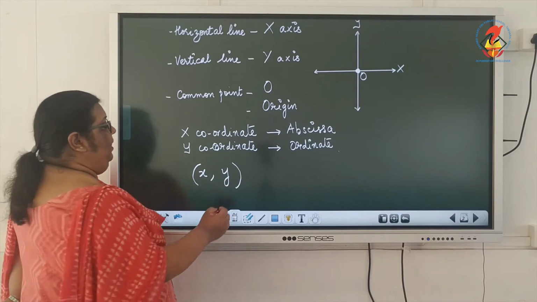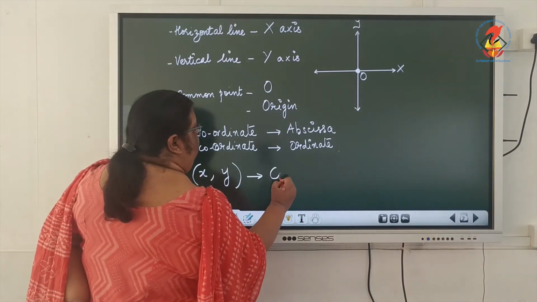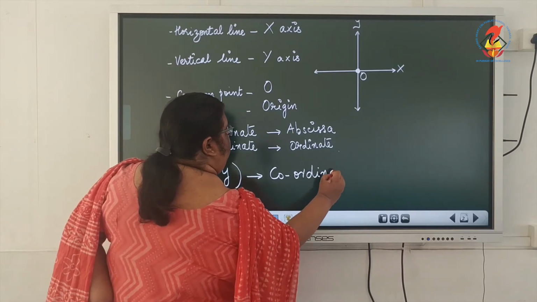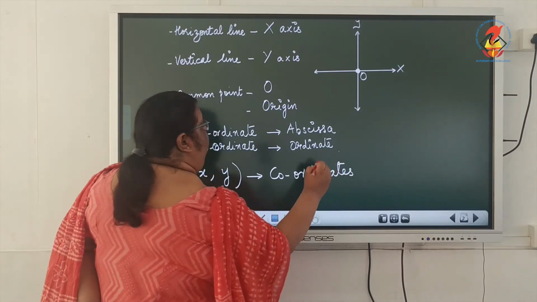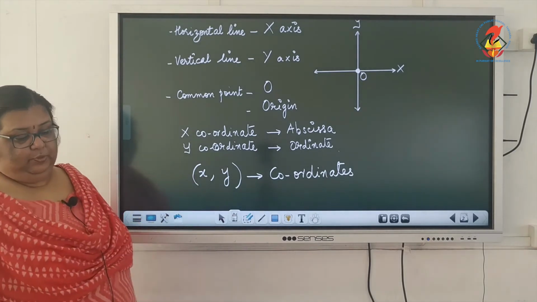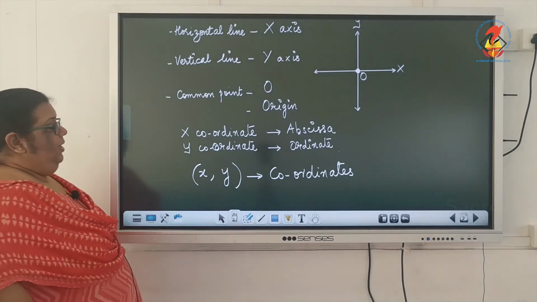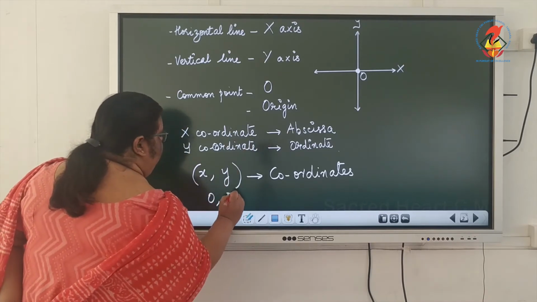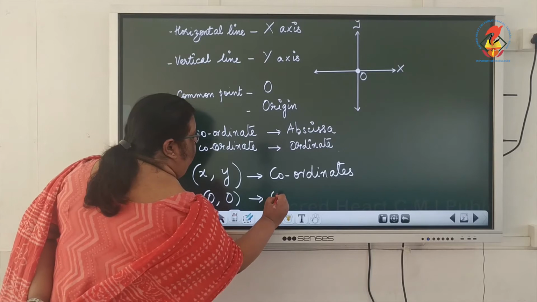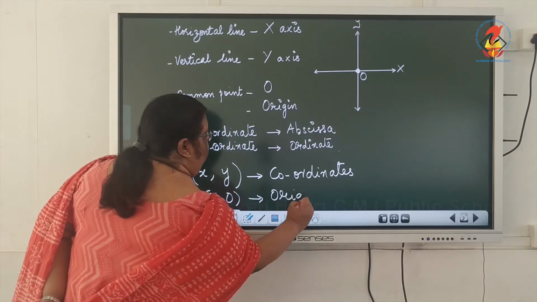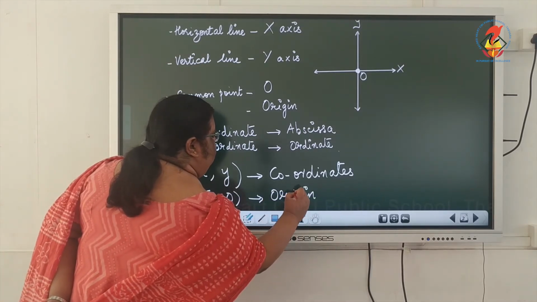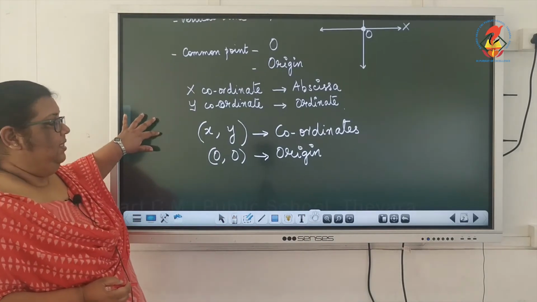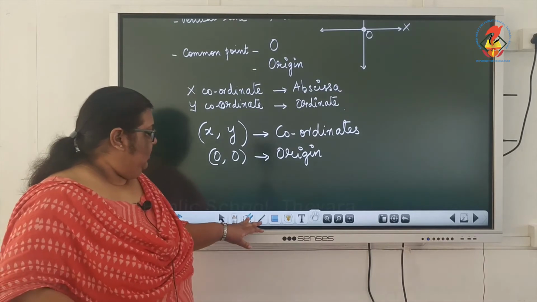And this ordered pair x and y together are called the coordinates of the point. Now the coordinates of the origin will be the ordered pair (0, 0). All these things you have learnt in your earlier classes. The same thing, we are just brushing it up.